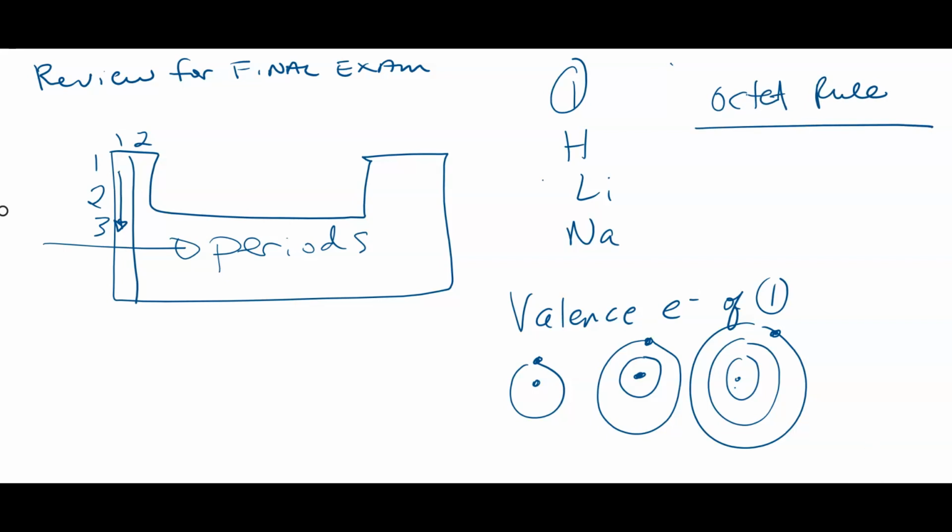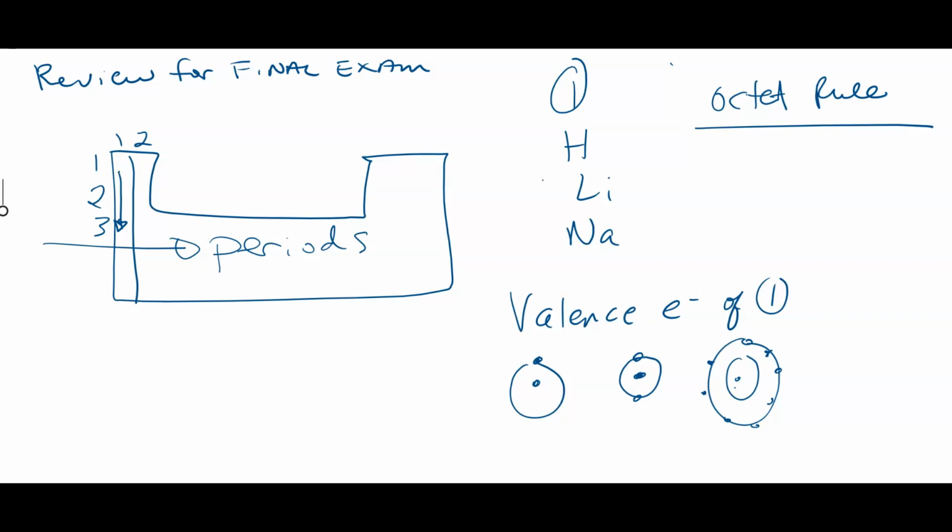So to feel like they have a full shell, for example, lithium would give away this electron here, and then feel like it has a full shell. Sodium would get rid of that valence electron, and then have 8 electrons in the outermost shell. 1, 2, 3, 4, 5, 6, 7, 8 electrons in its outermost shell to feel like it has an octet.